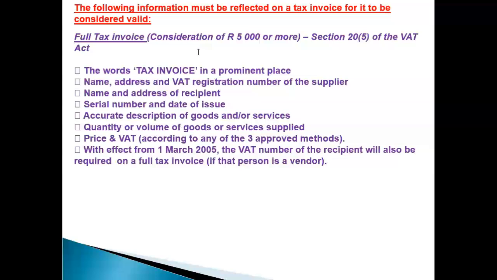Now, I worked for many years in a bank, and we were doing merchant banking, and we neglected to show all the information on our tax invoices. And we picked up a fine of 40 million Rand.